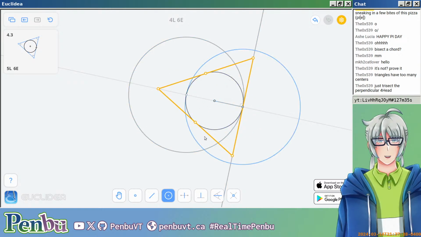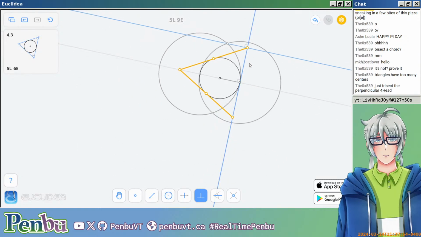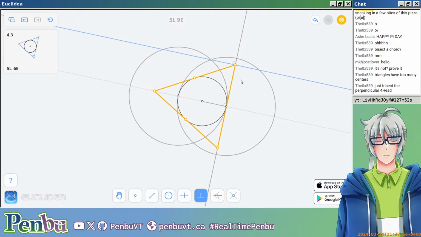Like this. I don't think that... Oh, that might be an insight. We have this point and this line, and that... I think that gets us to this point here. I don't know why, but apparently it does.